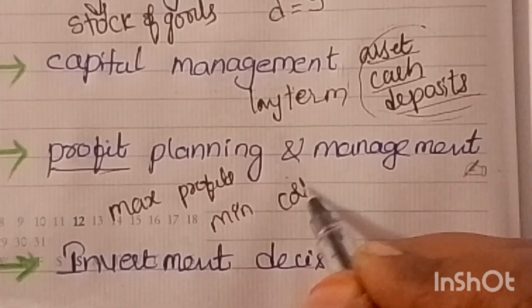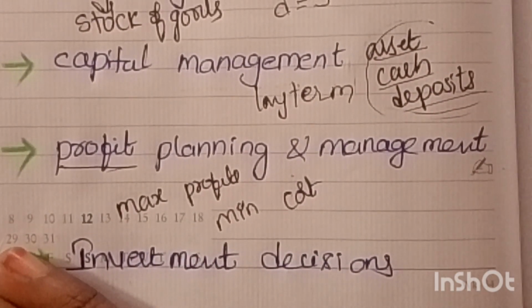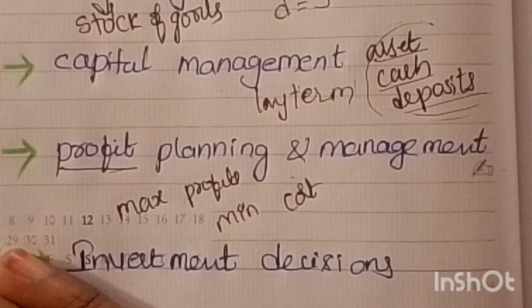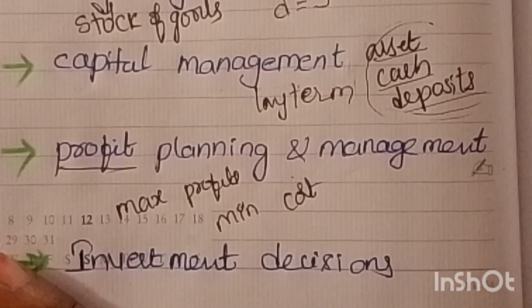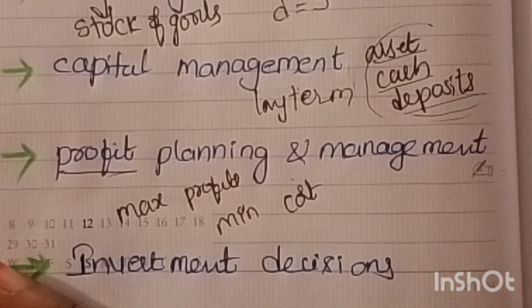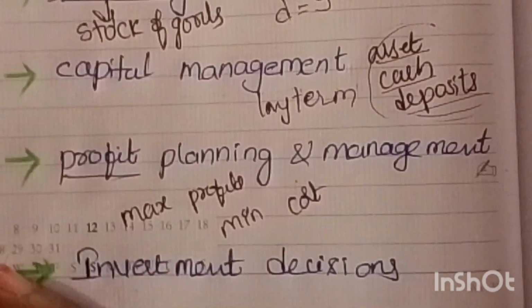Even in our house, we always want to reduce our expenses and always try to save things. In our family, that is our objective. So organizations also want to maximize their profits and minimize their expenditures. So this is profit planning and management.